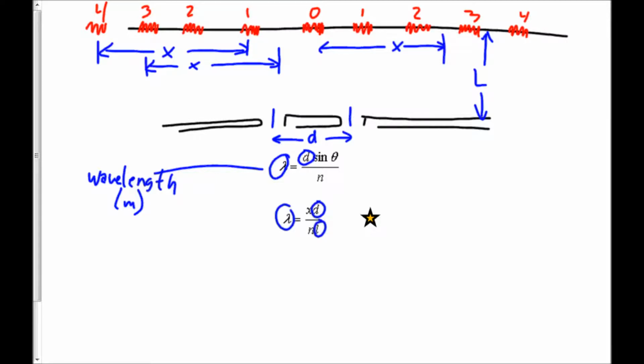X can be any distance you want, from any maximum to any other maximum or any other minimum, or any minimum to any other max or min. It can be anything you want.